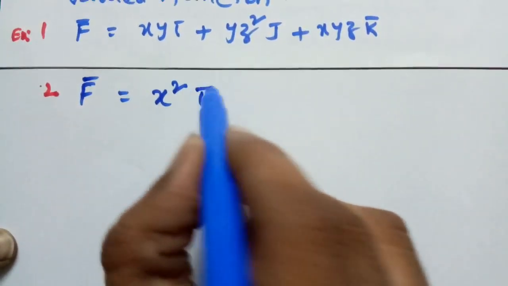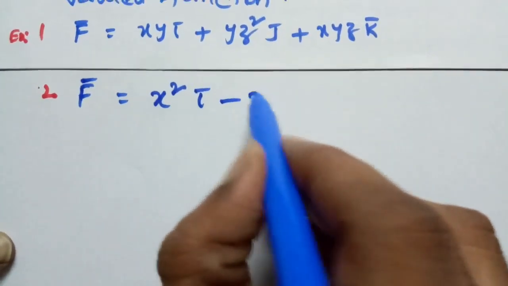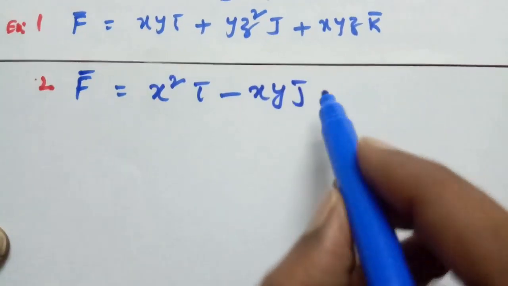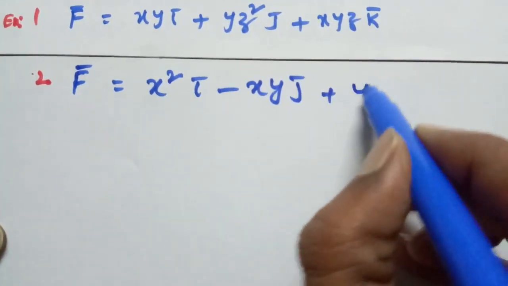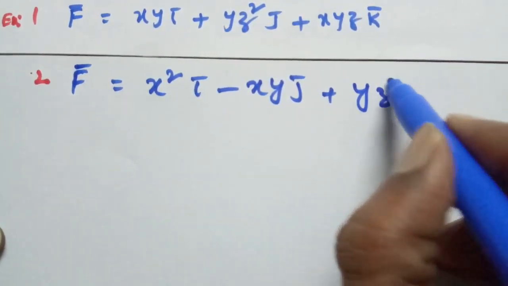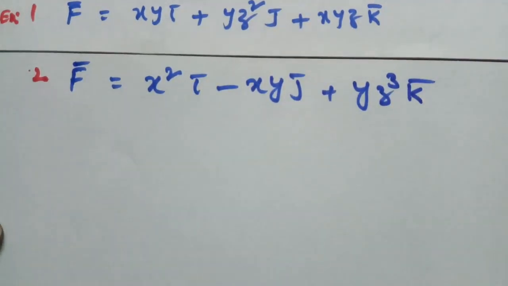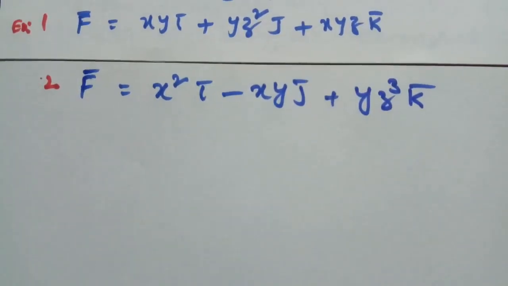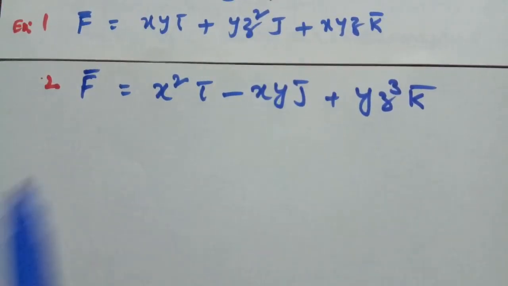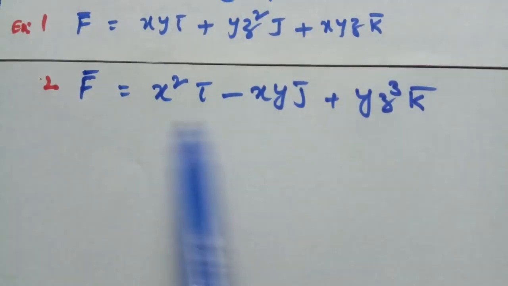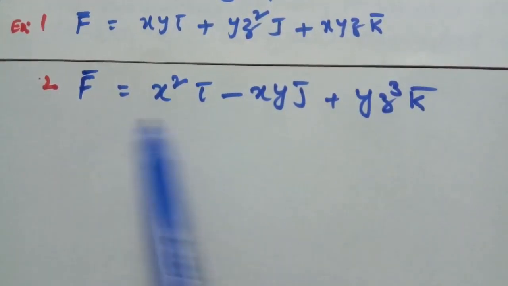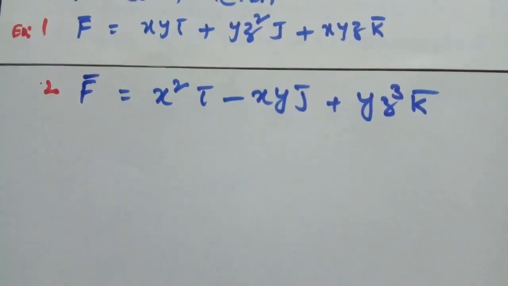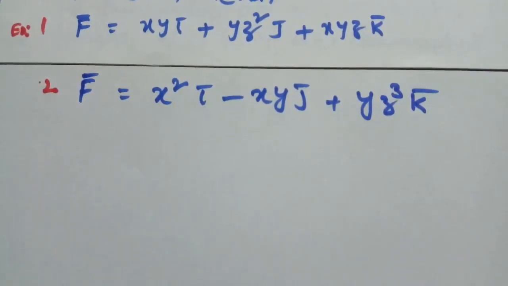This is another example of a vector valued function. If you substitute any point, we get f bar in numbers. Therefore this is an example of vector valued functions.